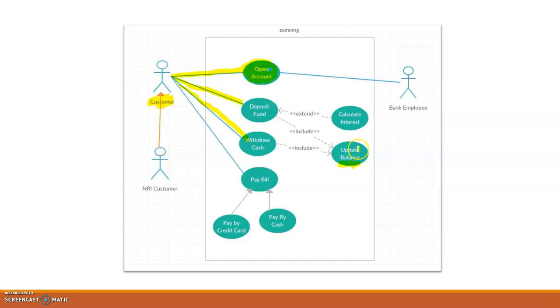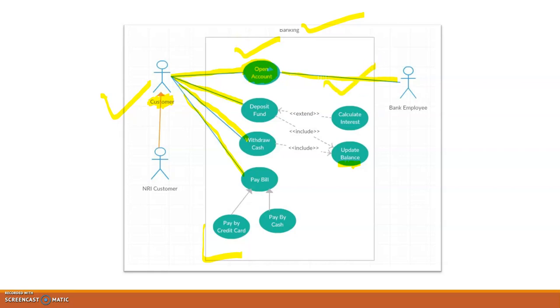So if you notice, it is not associated with any actor, because this is an automatic process, right? This way you can see different lines that we call the relationships. So: name of the system, boundary, actors, processes, and relationships, right?